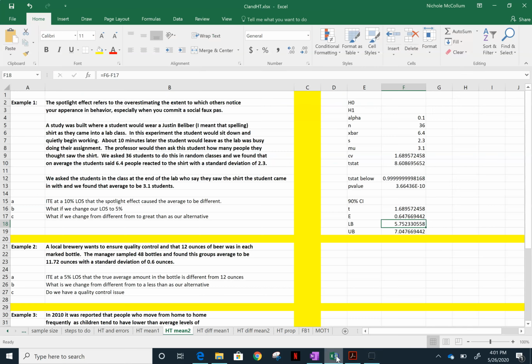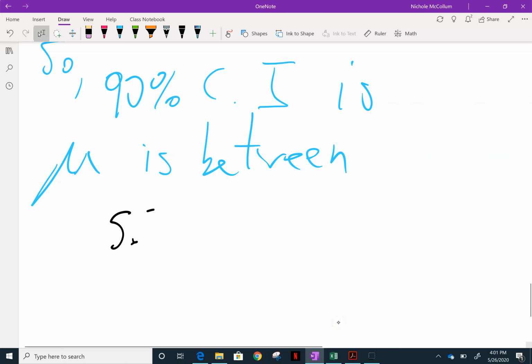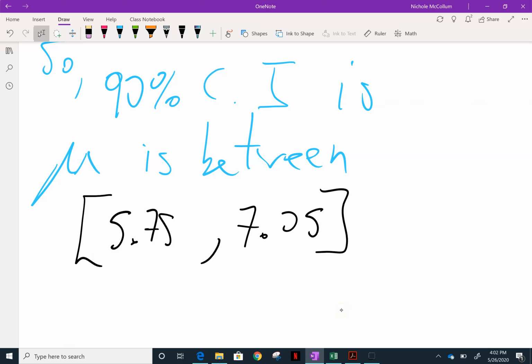On the low end, it's 5.75 students. And on the high end, it's 7.05 students. That is the student's perception. They believe the national average is between those two. That's what my study shows: there is a 90% confidence that the student perception of the national average, the number of people that look at them, is somewhere between 5.75 and 7.05.